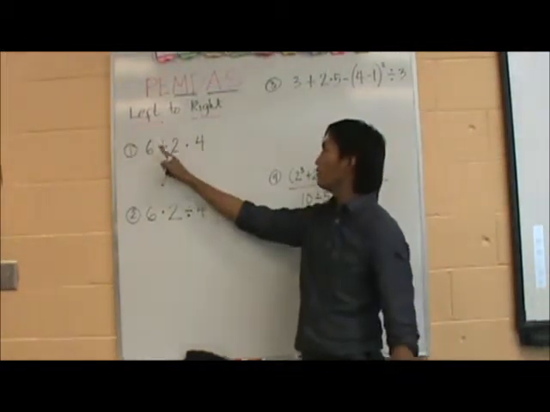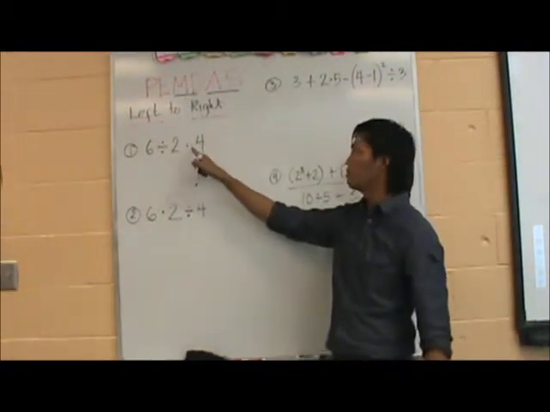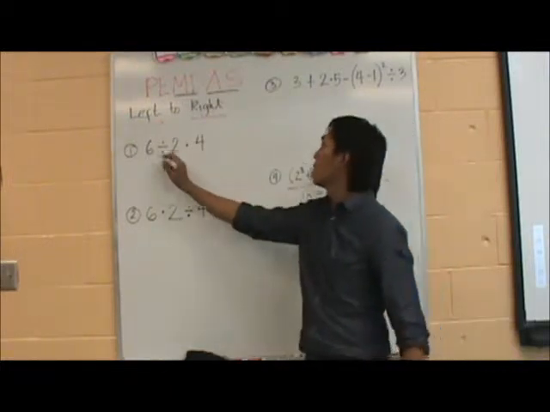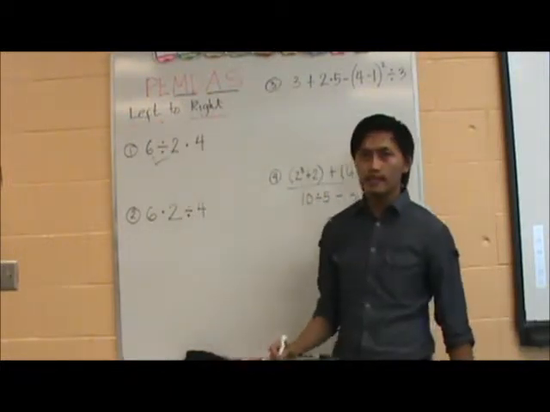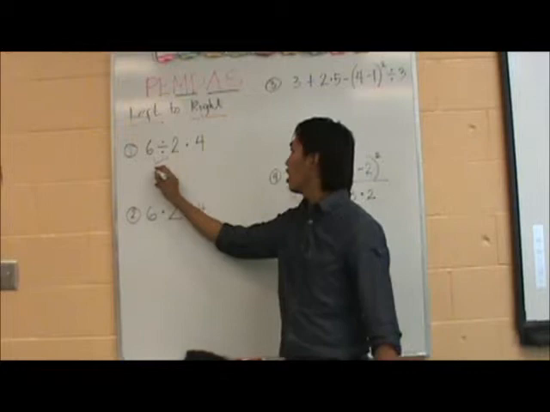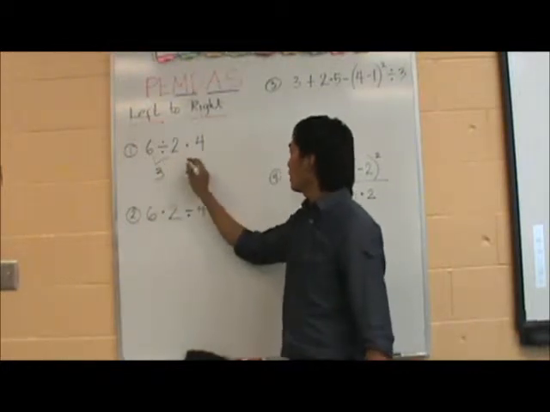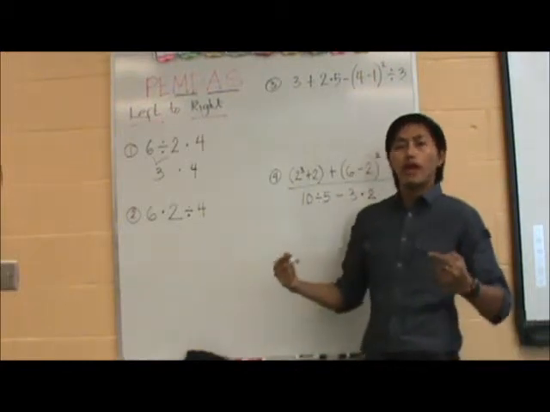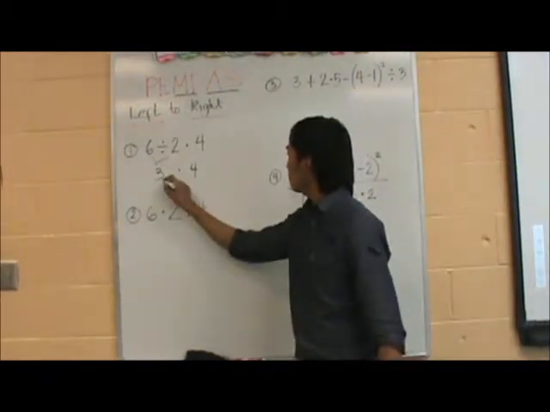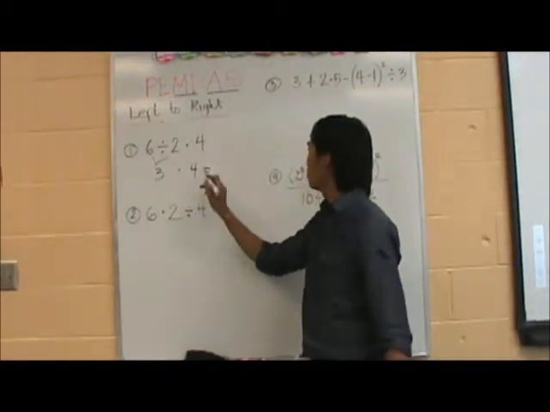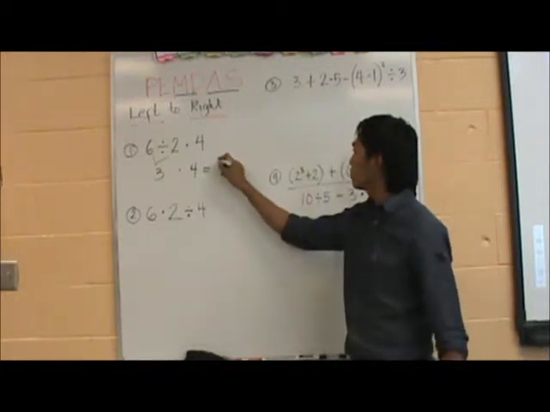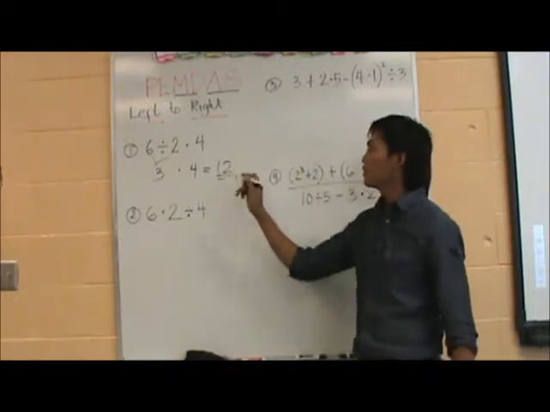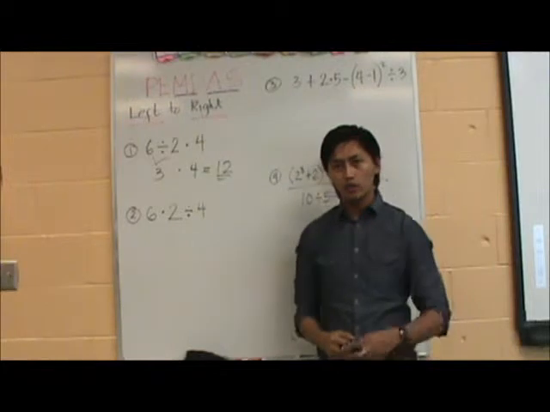So we have division first and then multiplication. That means we divide 6 by 2 first, which gives you 3, and then you can go ahead and multiply, 3 times 4 is 12. So the final answer for number 1 is 12.